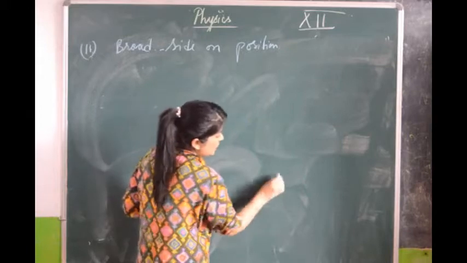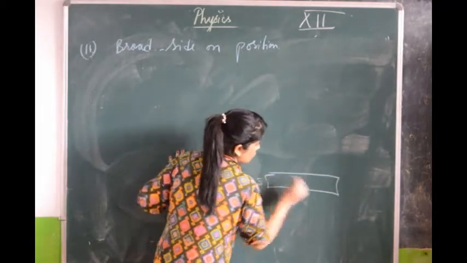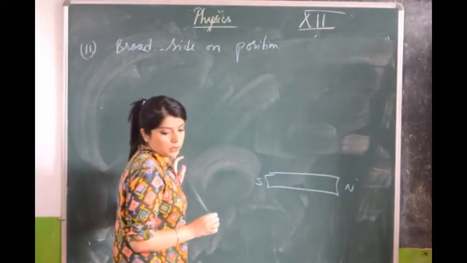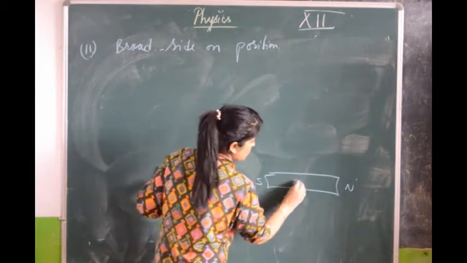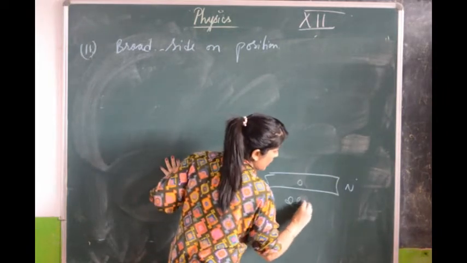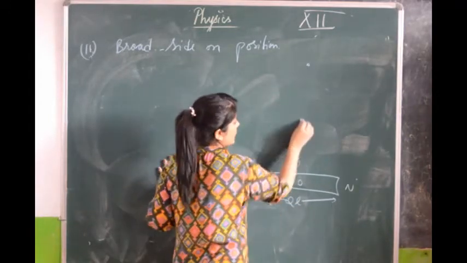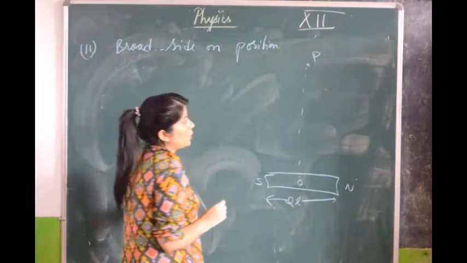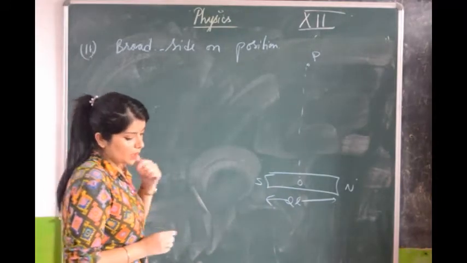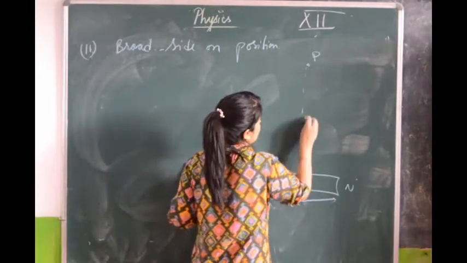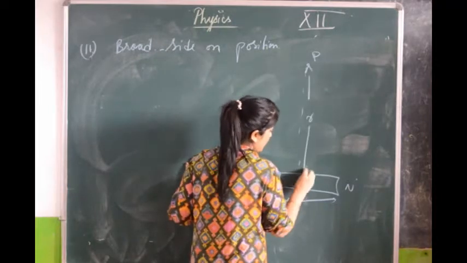Over here we take a bar magnet, South Pole, North Pole, center is O. The total length of the bar magnet is twice L. We'll take a point P exactly at the center, and over here we'll find the magnetic field. The distance from this point to this point is R.